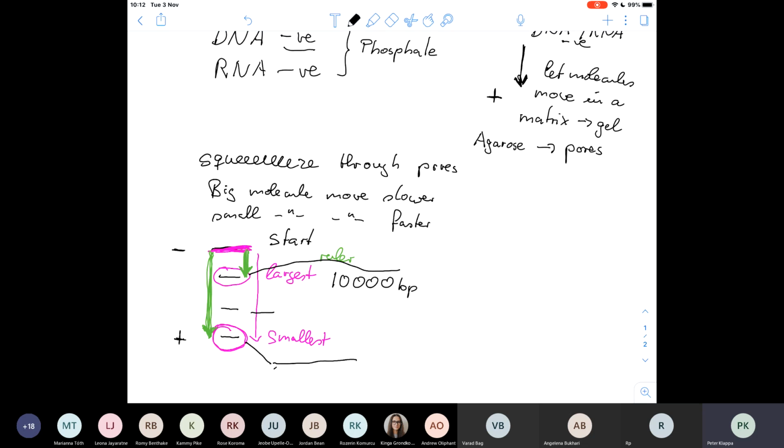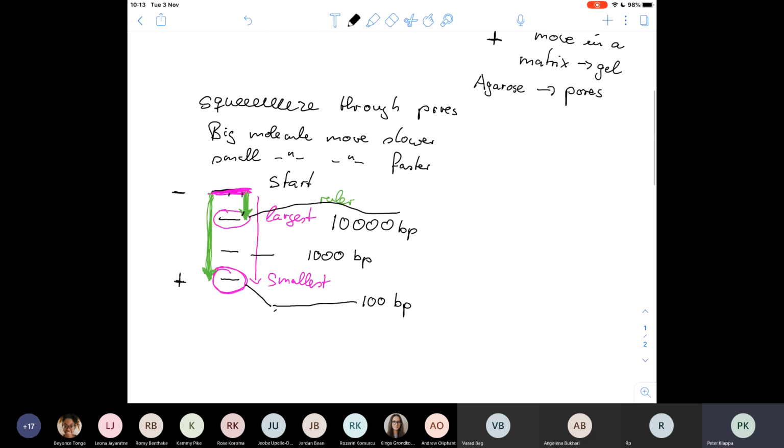This molecule here has, say, 1,000 base pairs, smaller. And the smallest one, let's say that is 100 base pairs. If we know that, all we need to do is measure the distance from the start to the band. And then, in theory, we can nicely do a standard curve.